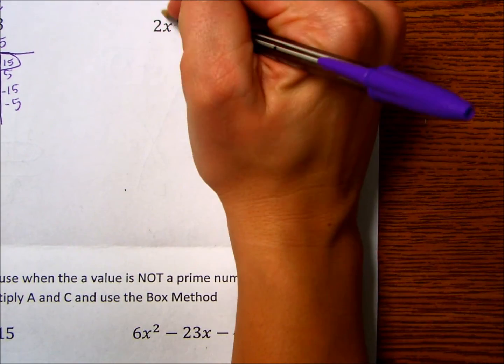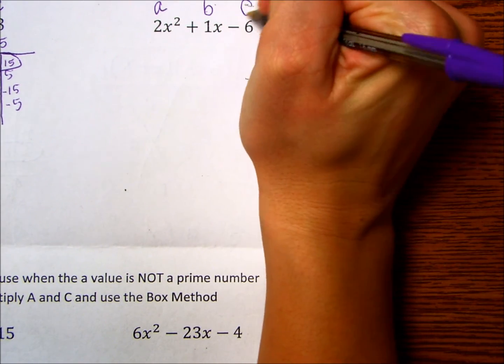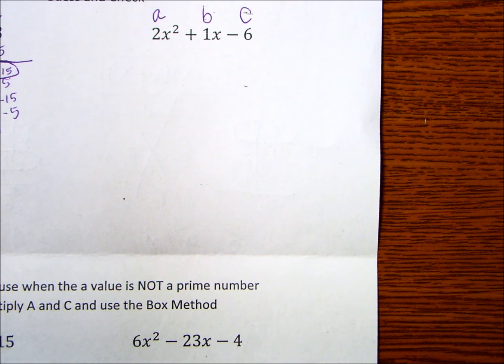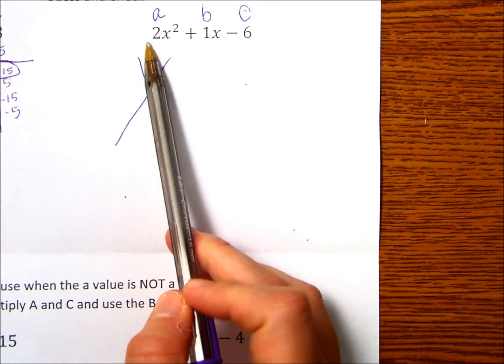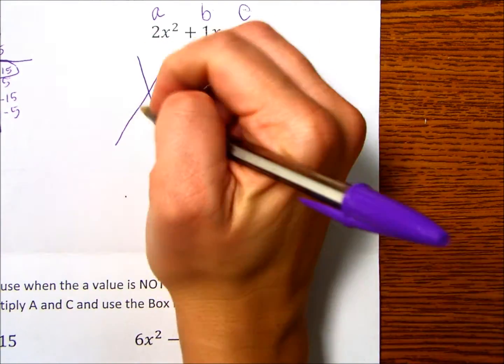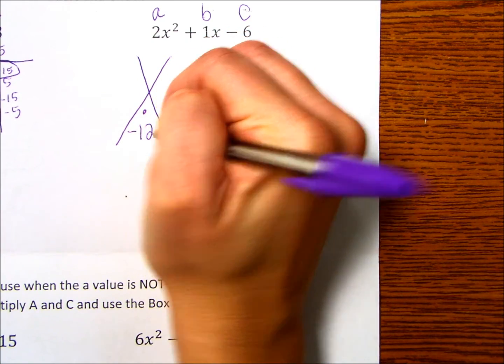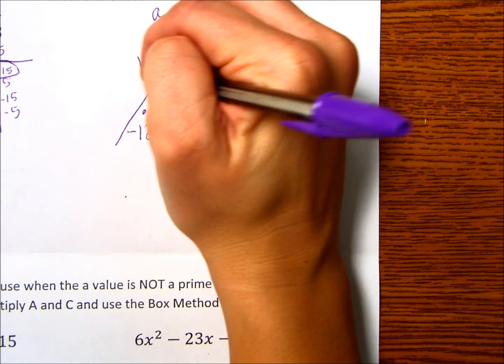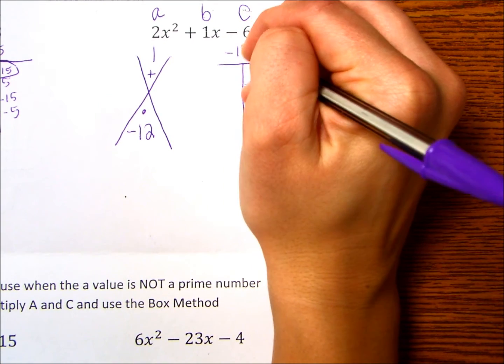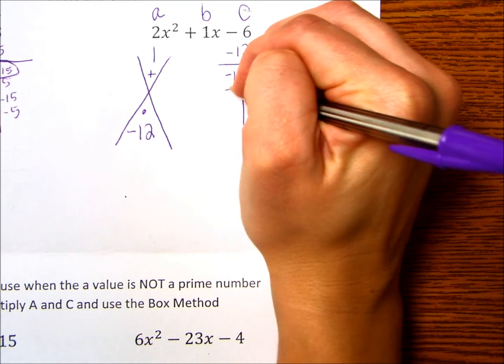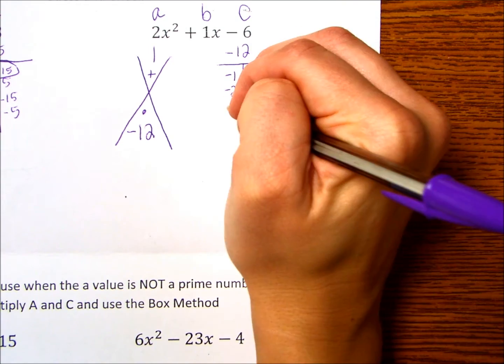Slide over here. My a value is 2, my b value is 1, and my c value is negative 6. Now, since my a value is not 1, I'm going to multiply a times c. And I'm looking for two numbers that multiply to give me negative 12 and add to give me 1. I'm going to list all of the factors of negative 12.